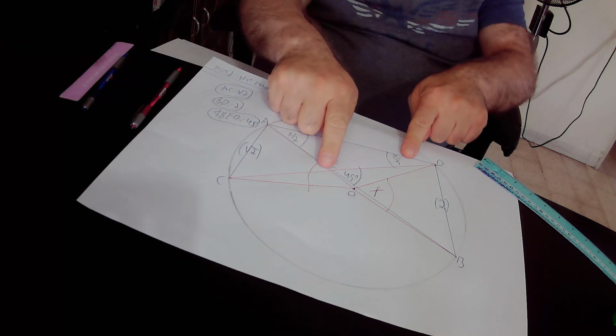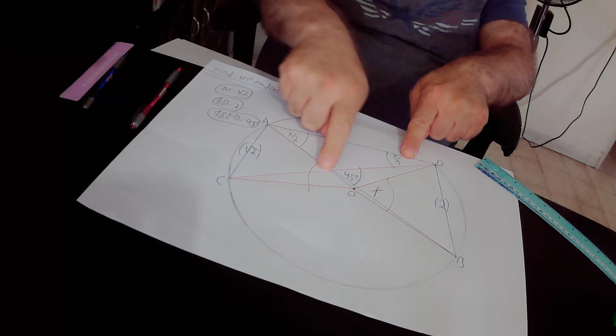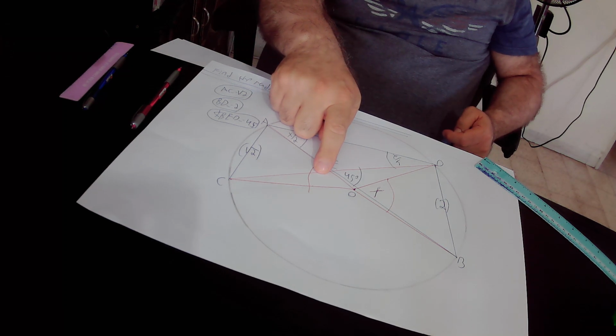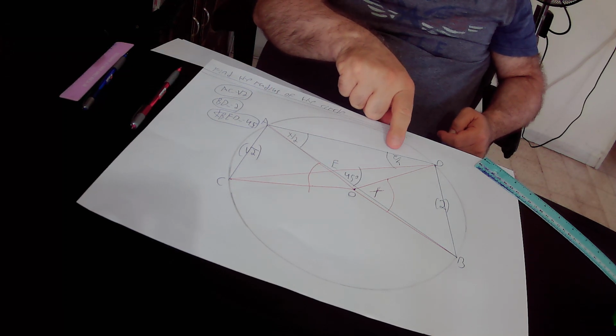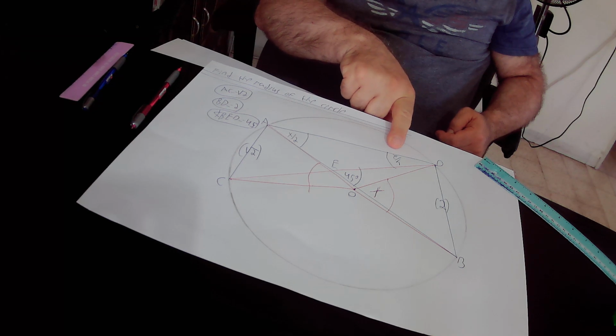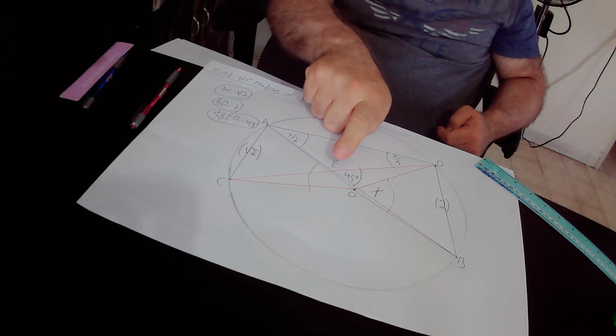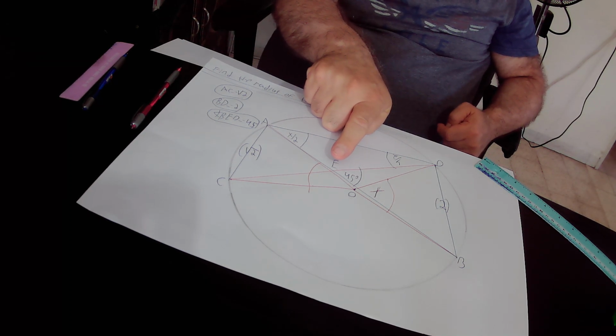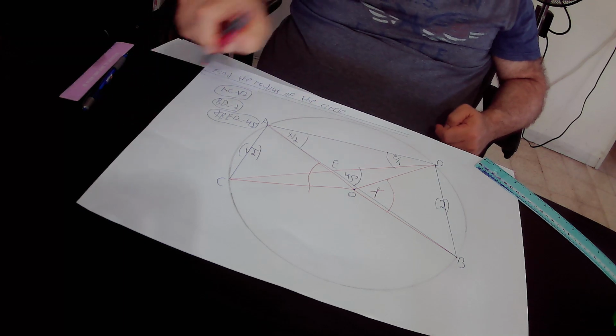So those two angles are both subtended on the same chord CA, and therefore the size of this central angle must be twice as large as the size of this peripheral angle CDA. And the size of this peripheral angle CDA is y over 2, and therefore the size of this central angle COA must be equal to y over 2 times 2, that is y.